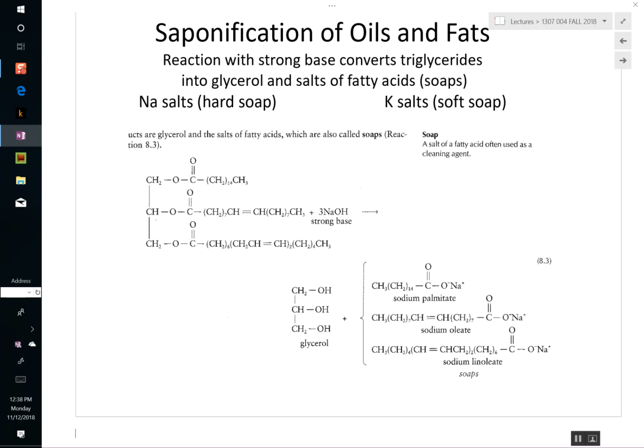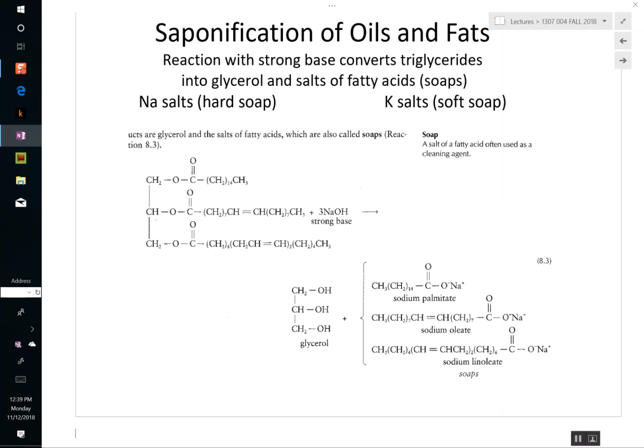So these are soap molecules. Hydrophilic head on them, negative, positive ions, very hydrophilic, hydrophobic tail, and that's the ingredient for a soap forming molecule. So that's saponification. Sodium hydroxide, you're going to make hard soaps. Liquid soaps, oftentimes we'll use potassium hydroxide to make a liquid soap formula.